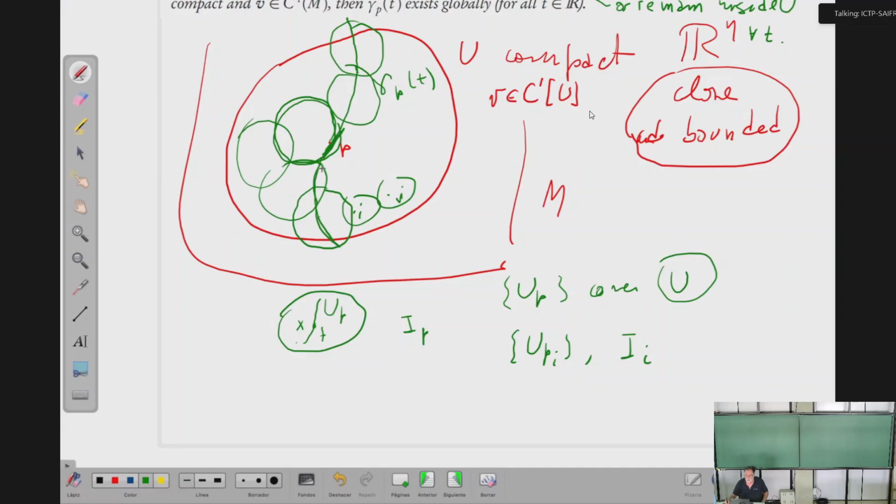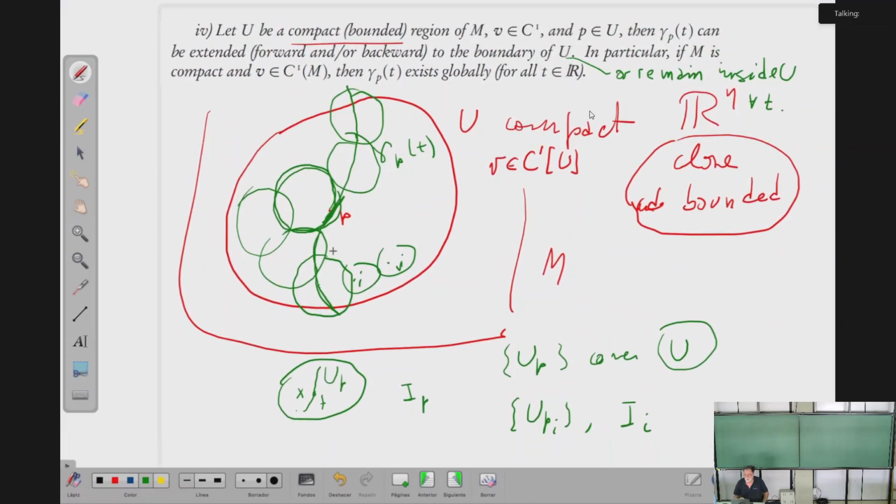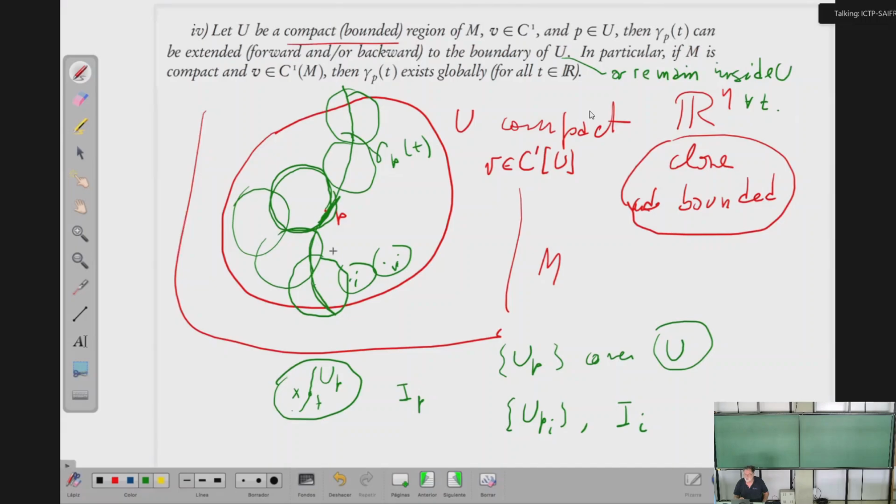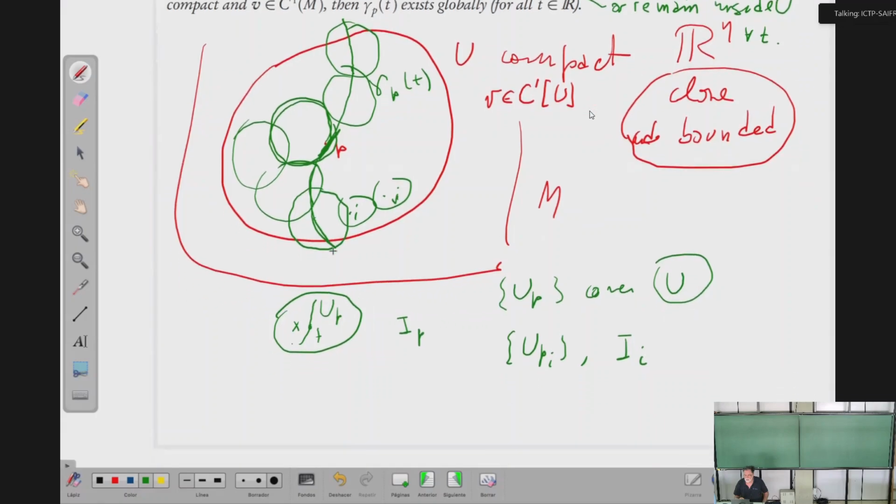So you see, I can go along these covers, these members of the cover, and get up to the boundary, right? Because the solution exists up to the boundaries here, right? So I can continue whatever solution I get, I can extend and cover all this because of compactness. So this proves this. Knowing the one, I can prove the fourth by just compactness.